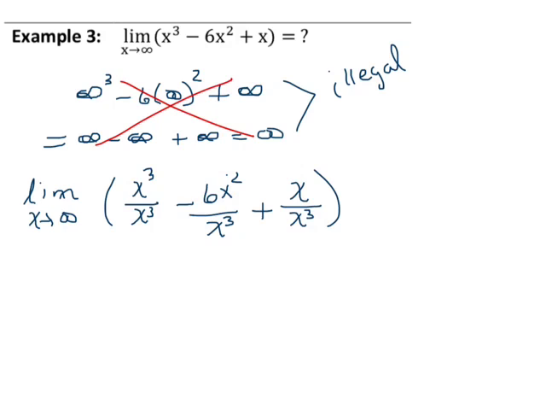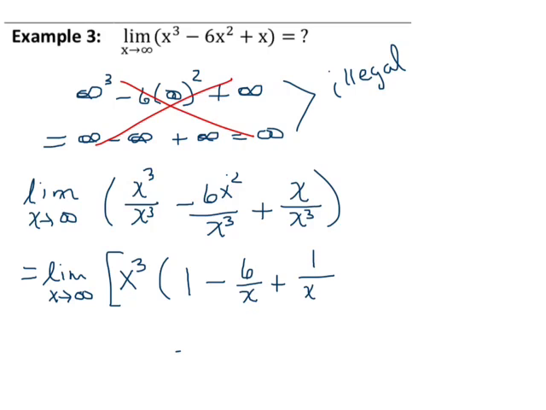So let's go ahead and simplify here. Factoring out, I have the limit as x goes to infinity of x cubed on the outside, and then on the inside I would have 1 minus, well, 6x squared over x cubed is simply 6 over x, and x over x cubed is simply 1 over x squared.